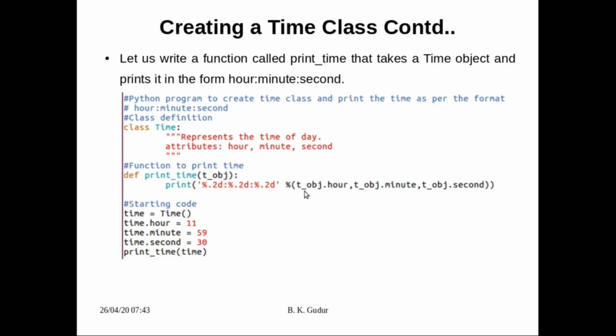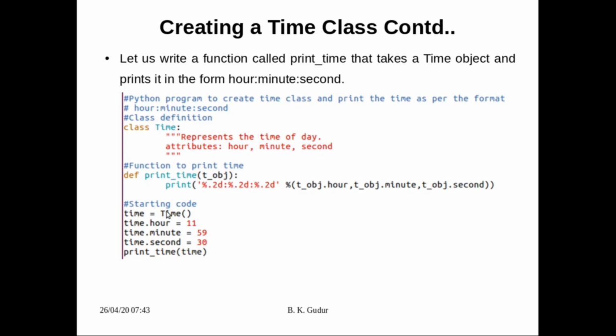This is the parameter name, t_obj. If I want to get the attribute hour, it is t_obj.hour, which will be printed here in a one-to-one mapping, and t_obj.minute will be printed here, and t_obj.second here.